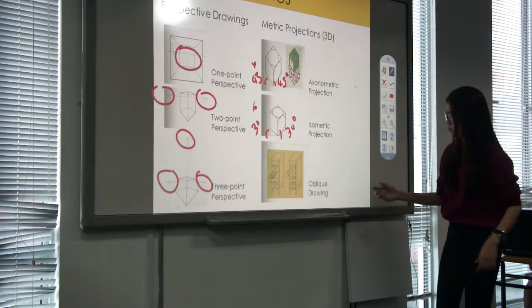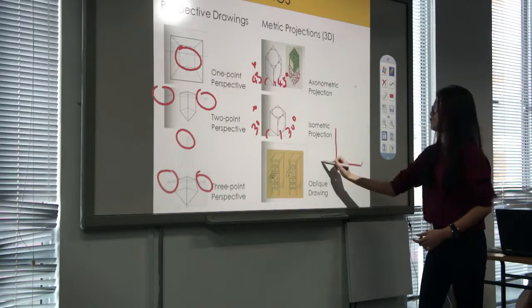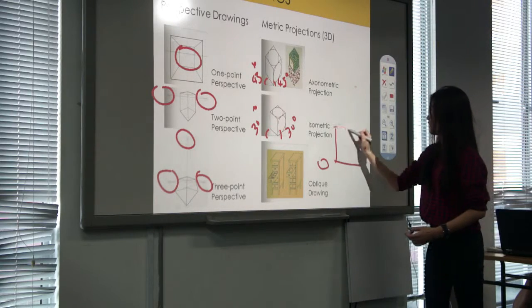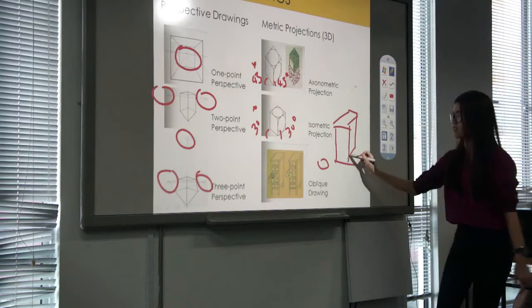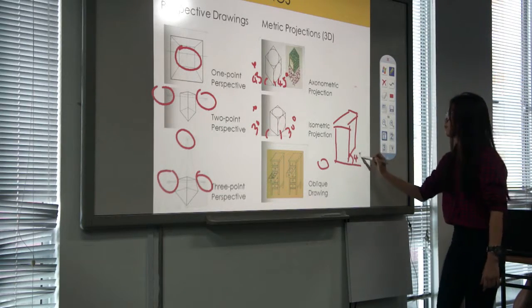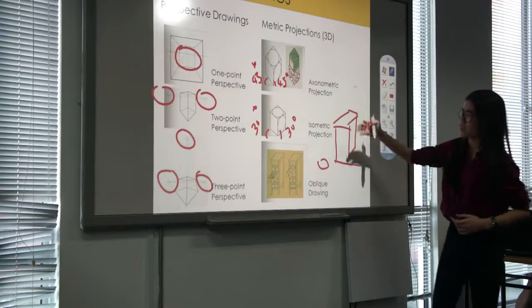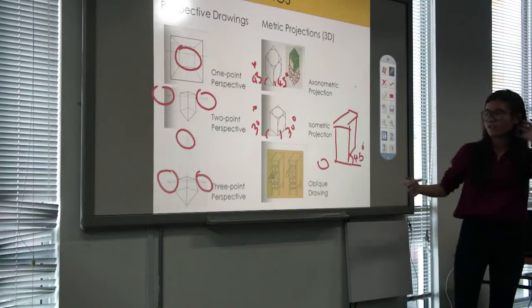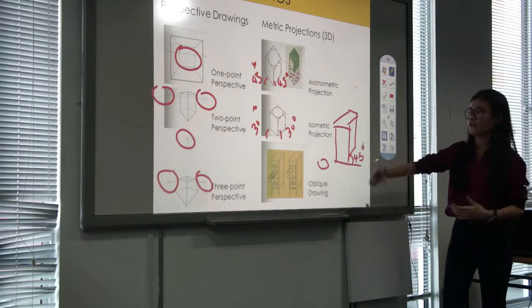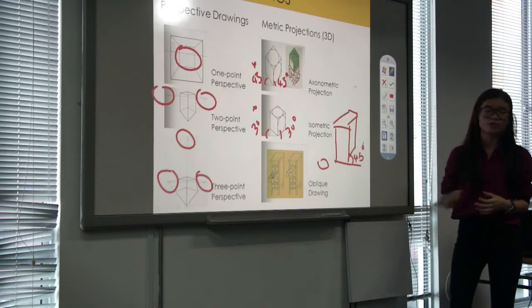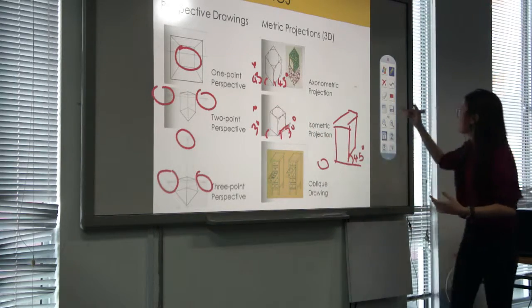And oblique drawing is like this. So this is your eye, and it's like a box thing. From here you can see that it's 45 degrees. So the difference between isometric projection and oblique drawing is that oblique drawing puts more focus on the front of the object, while isometric projection puts more effort on the edge of the object.